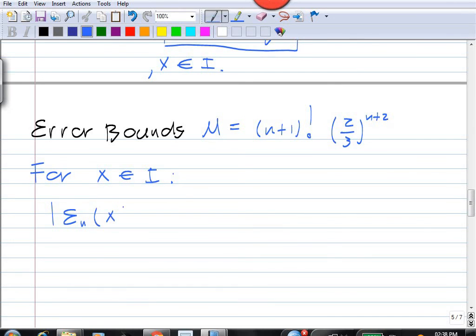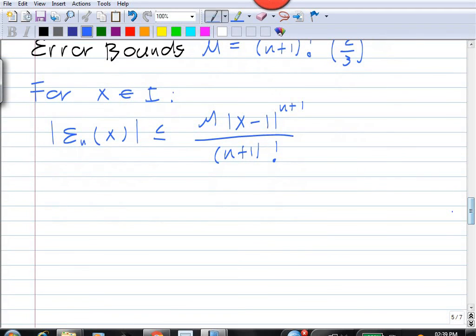The error En of x is less than or equal to A, and our A is 1 to the n plus 1 over n plus 1 factorial. Now we just substitute in our value for M, and we get the bound times (x minus 1) to the n plus 1.